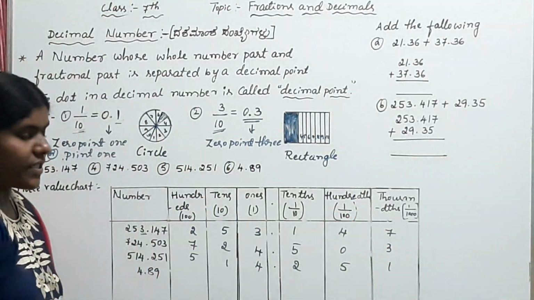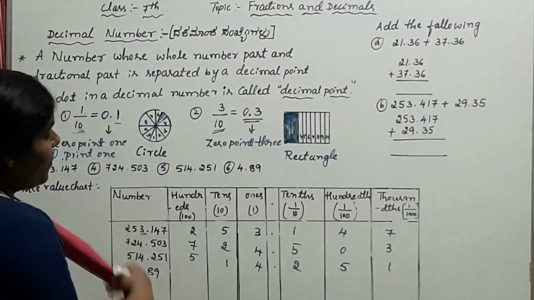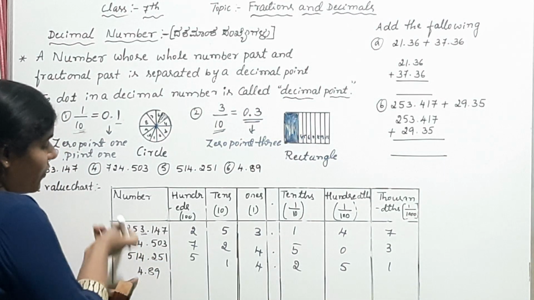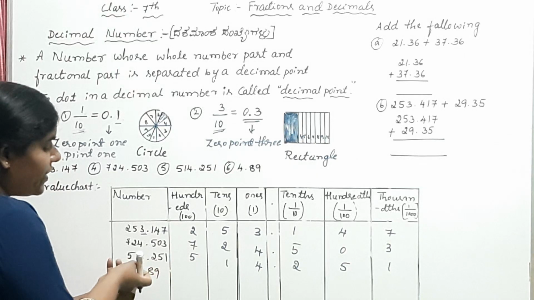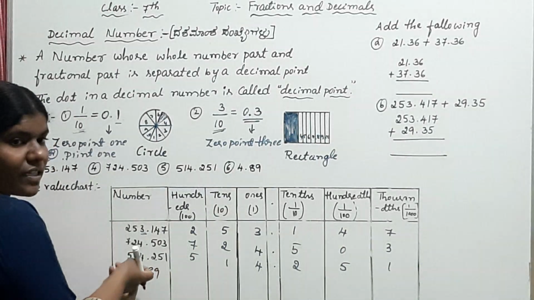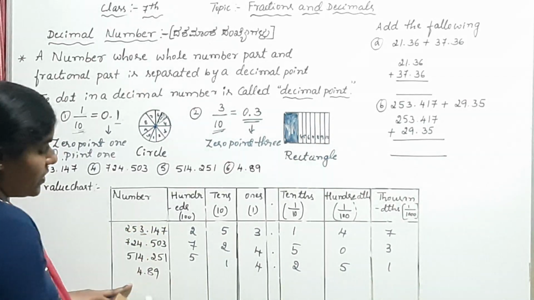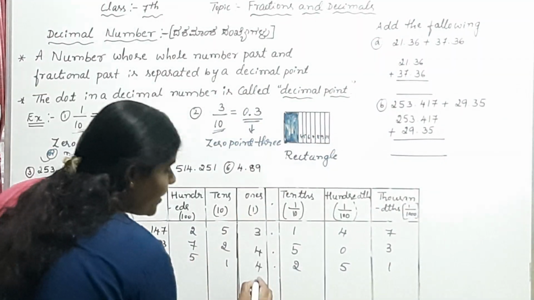Next, the last example, 4.89. Here you write 4.89. Compared to the previous 3 problems, where 3 digits were there after the decimal, in this fourth example how many numbers are present after the decimal? Only 2 numbers. Here you see 4. The place value of 4 is ones place.